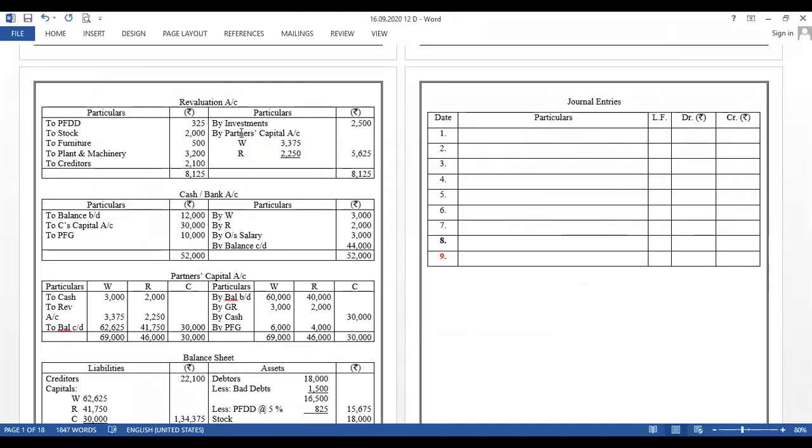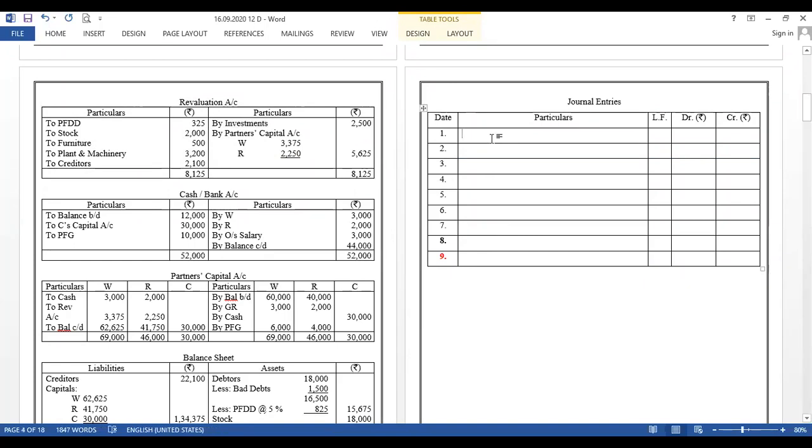Now, when it comes to journalizing, what I prefer is, let us start with the revaluation account first of all. Let us go with the profits. I can see that this is just one amount, investments, showing the profits. So we know that we are into revaluation account on the credit side.